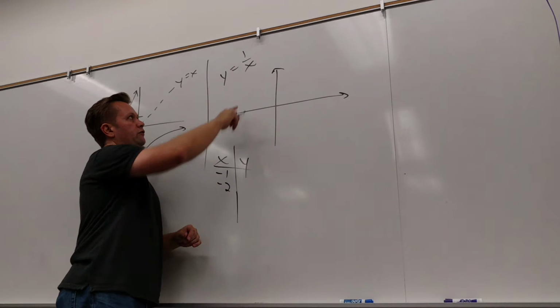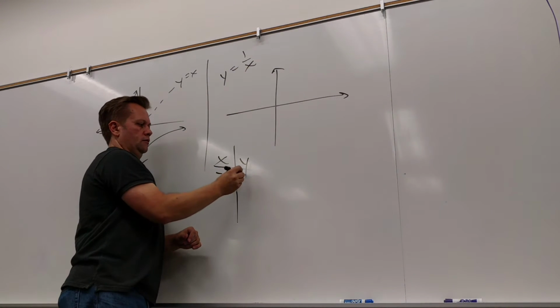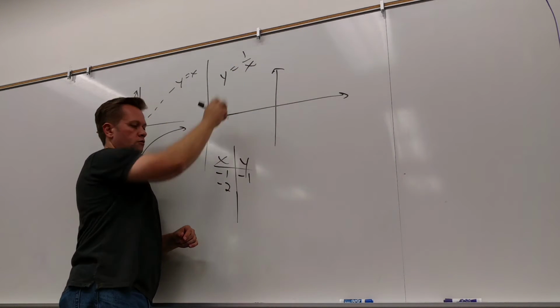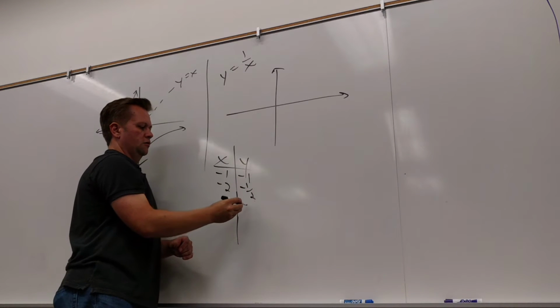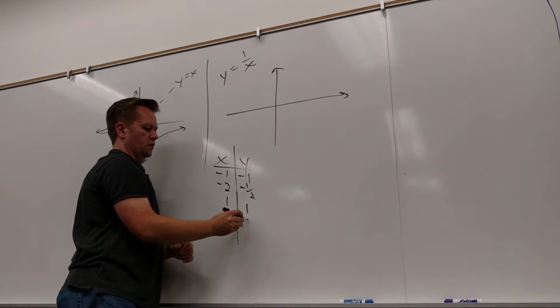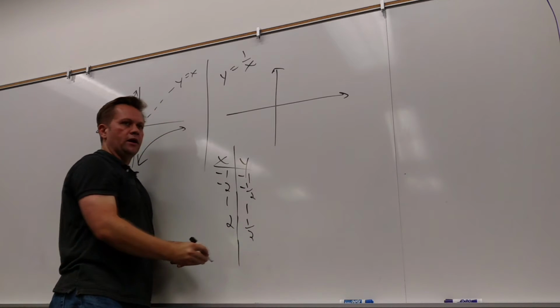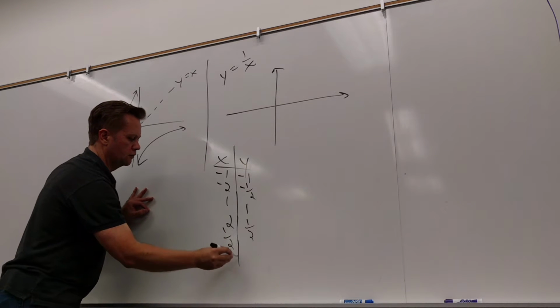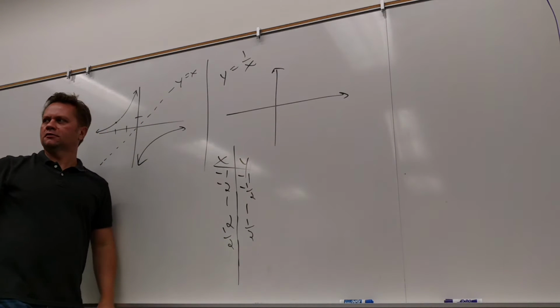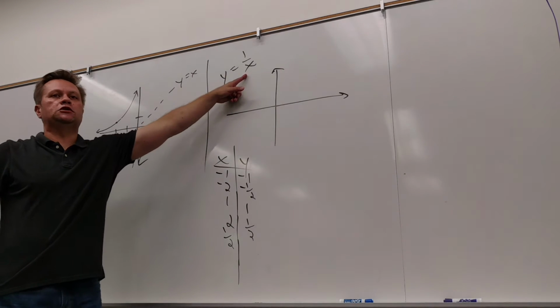So what do I get when I plug a -1 in? And what about -2? -1/2. What about when I plug a 1 in? Get 1. What about 2? Now here's something that you might not think about. But what about when I put a 1/2 in? What do I get? 2. Because what does this function really do?